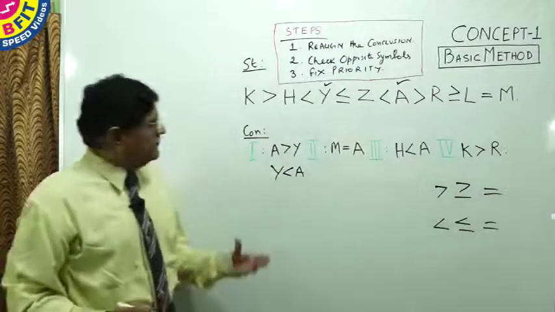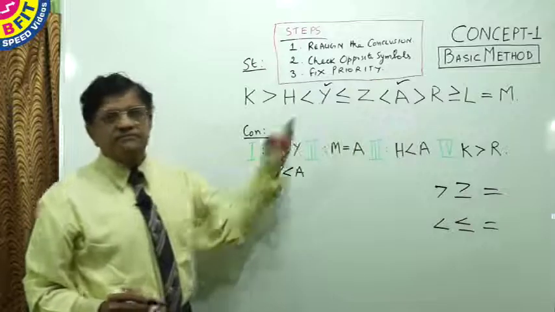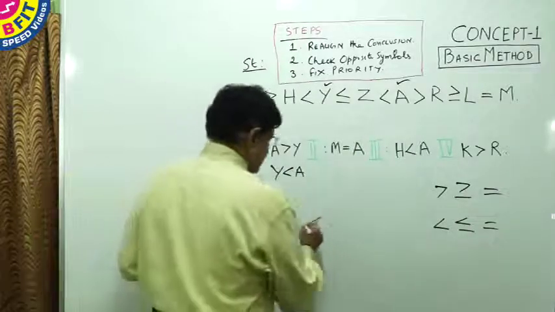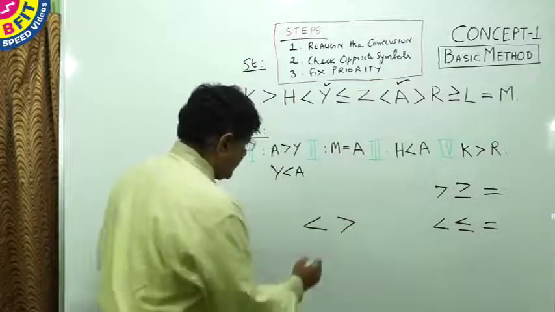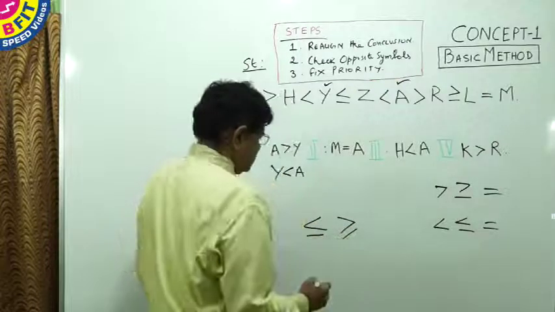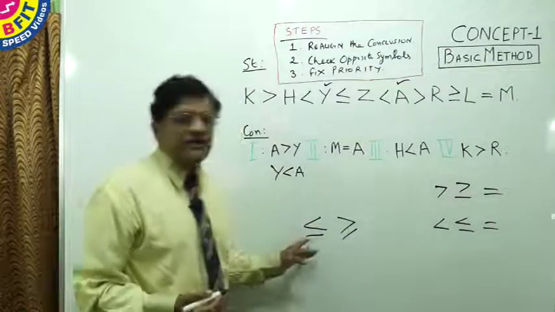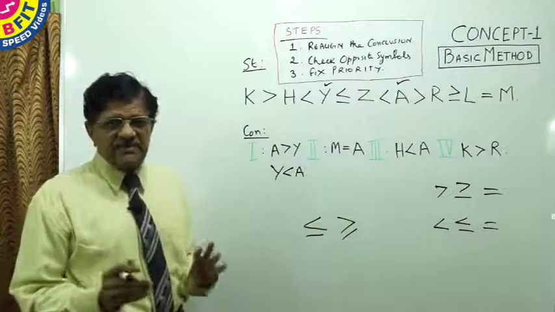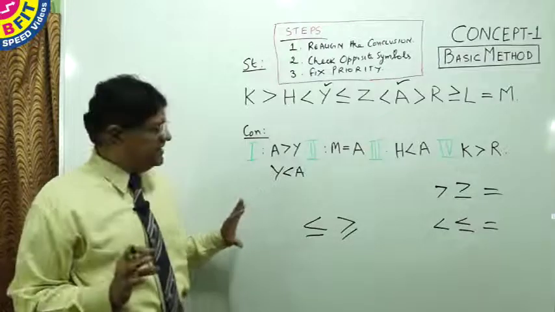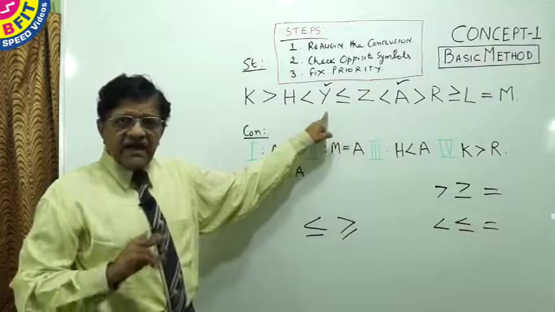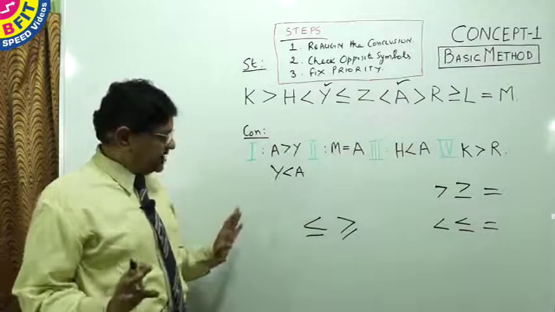And if in between the elements an opposing symbol comes, opposing symbol means less than versus greater than, you can understand what is an opposing symbol. If an opposing symbol comes, no conclusion is possible. This is a fundamental principle we should understand very clearly. If in between the elements that we are comparing there are opposing symbols, no conclusion.